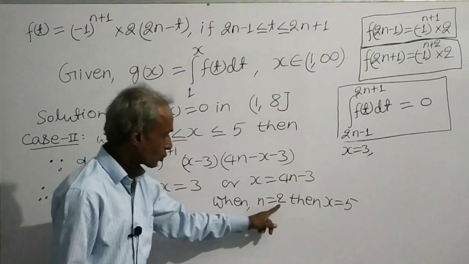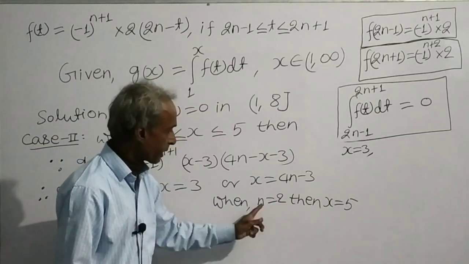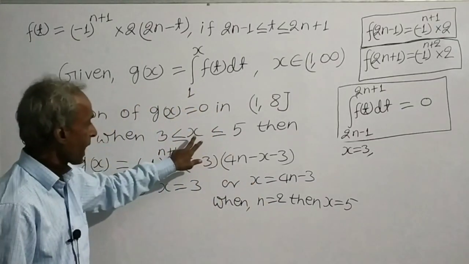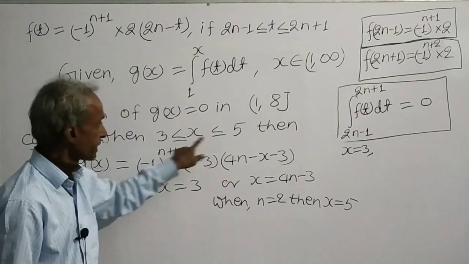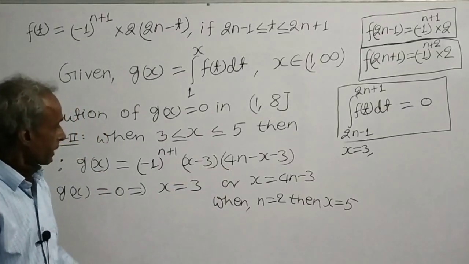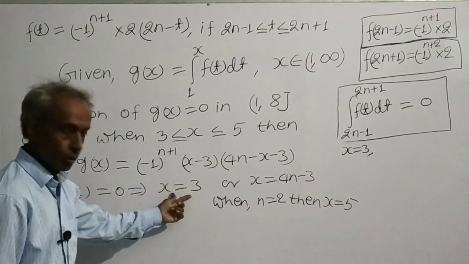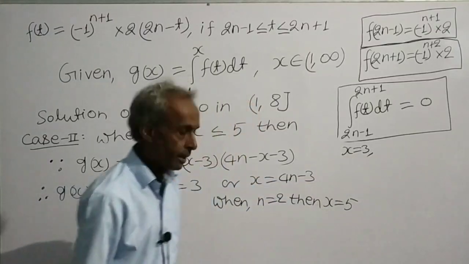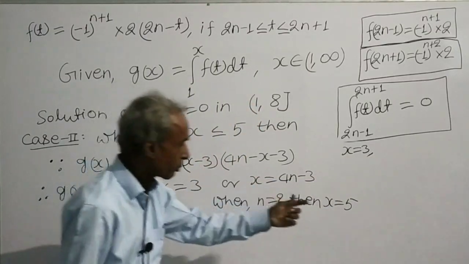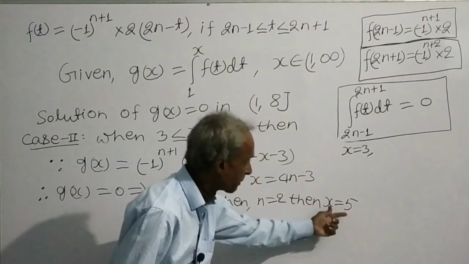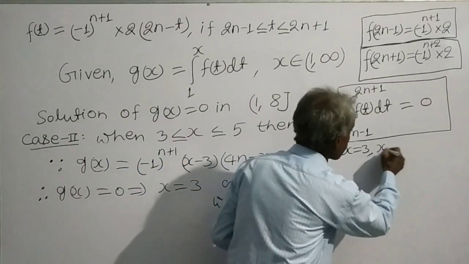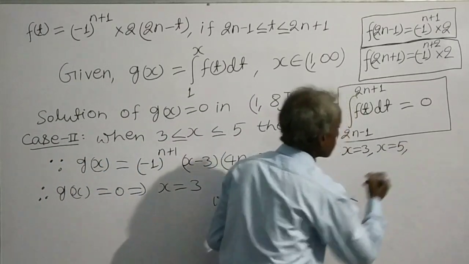When we put 2 in place of n, we get x = 5, and 5 lies in this interval. Since 3 is already written here, we get one more value, 5, as a solution. x = 5.